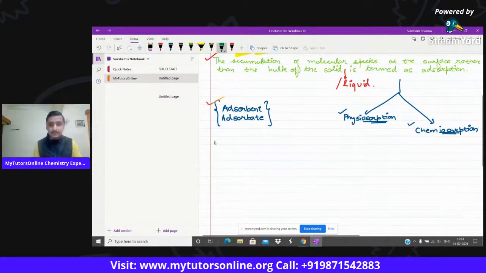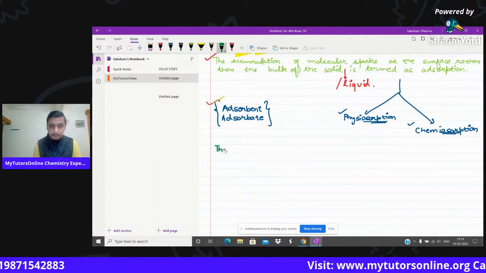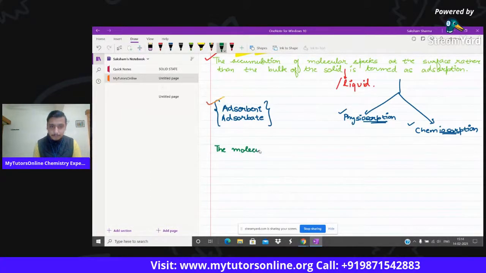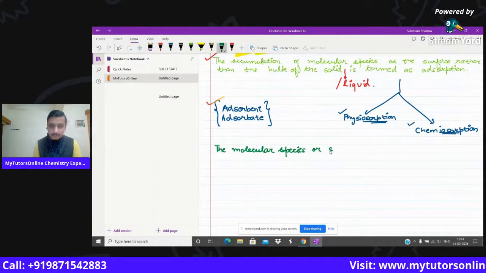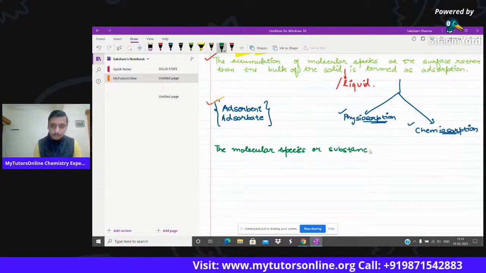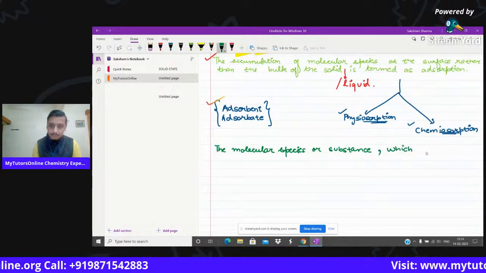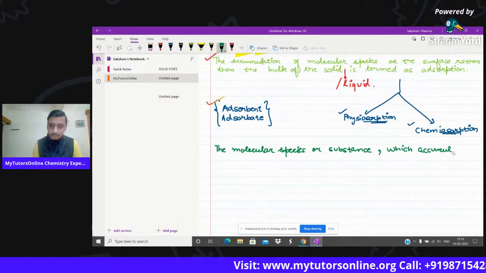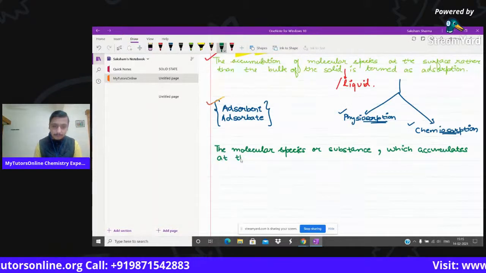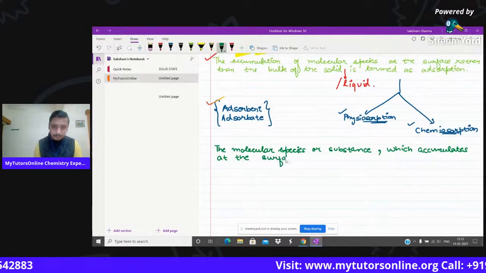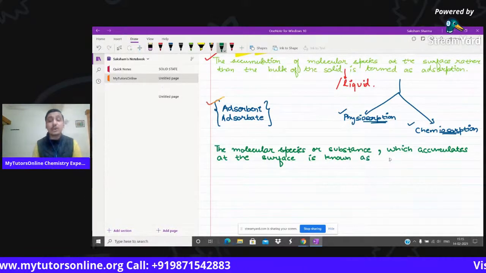The definition is something like this: the molecular species or substance which accumulates at the surface is known as adsorbate.